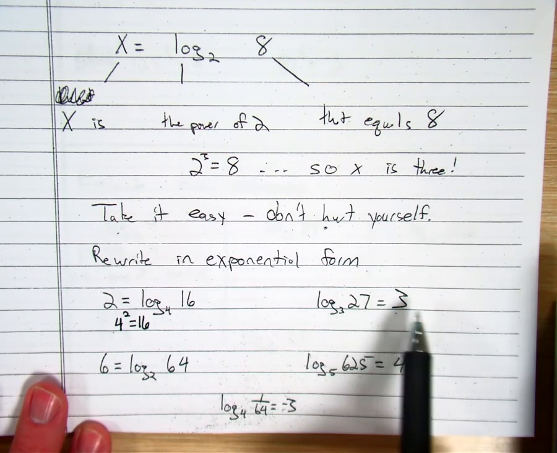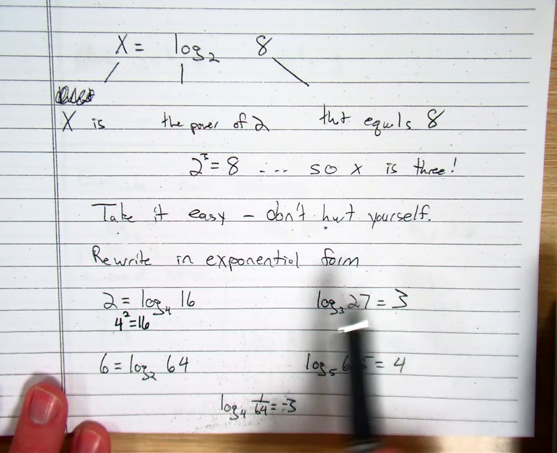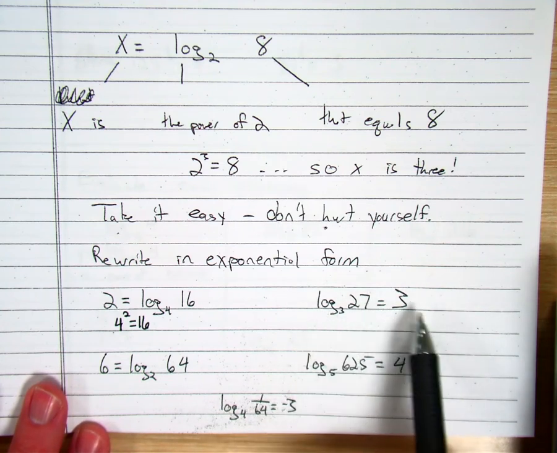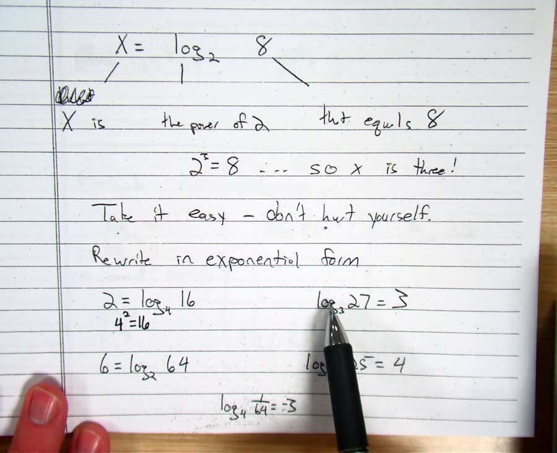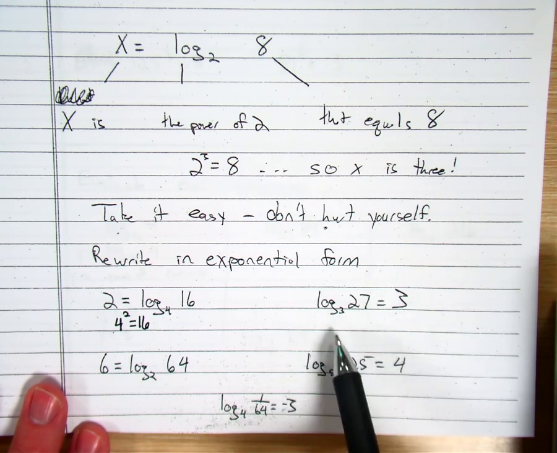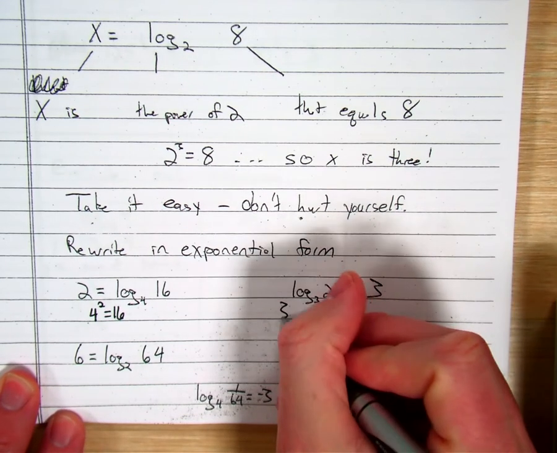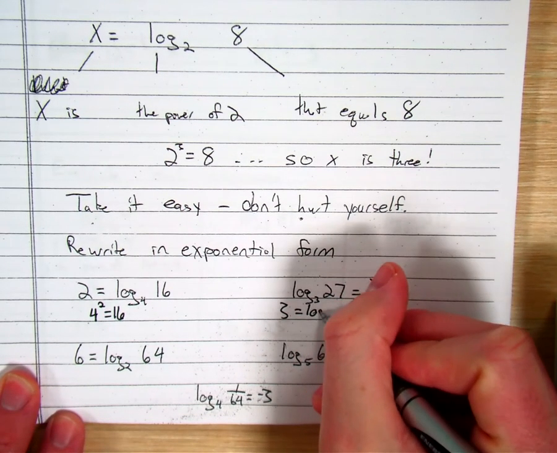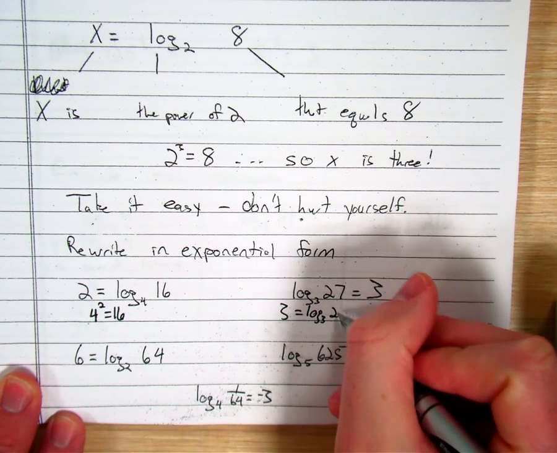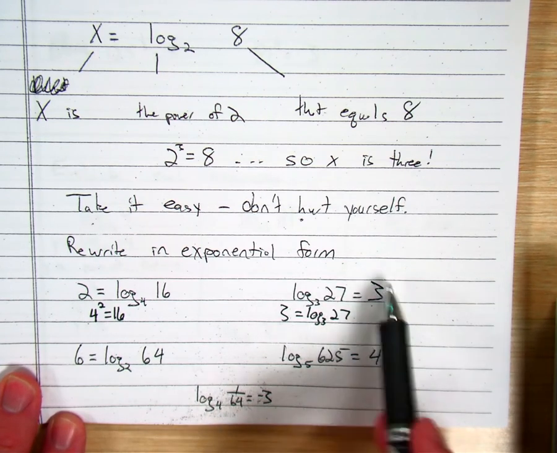Okay, this one's the other way around. This is how you're probably going to see it in the book, or maybe on your worksheet. All right, so you can either try reading it backwards, or if you need to, rewrite it. So this 3 is over here. 3 equals log base 3 of 27. You could do that. Okay, and after you get used to doing it this way enough, then this way isn't as intimidating.